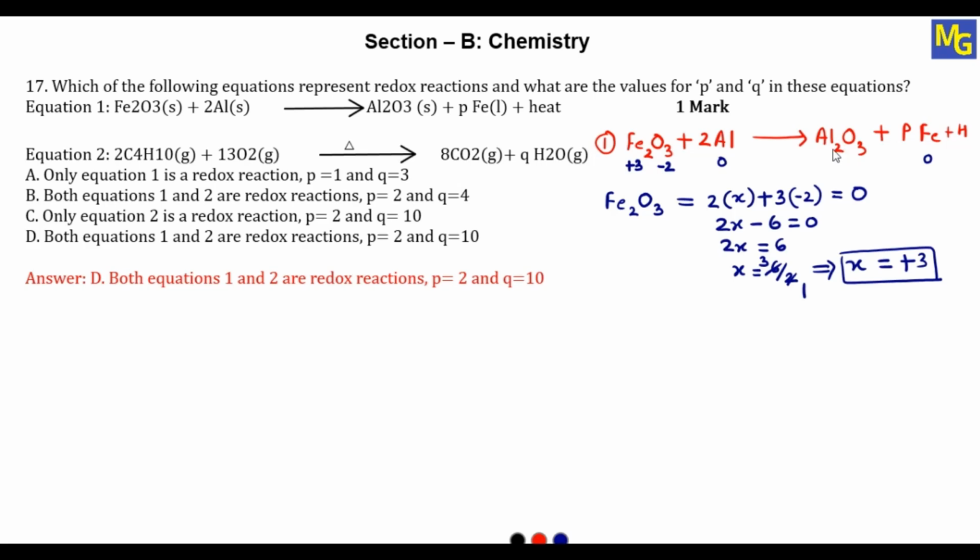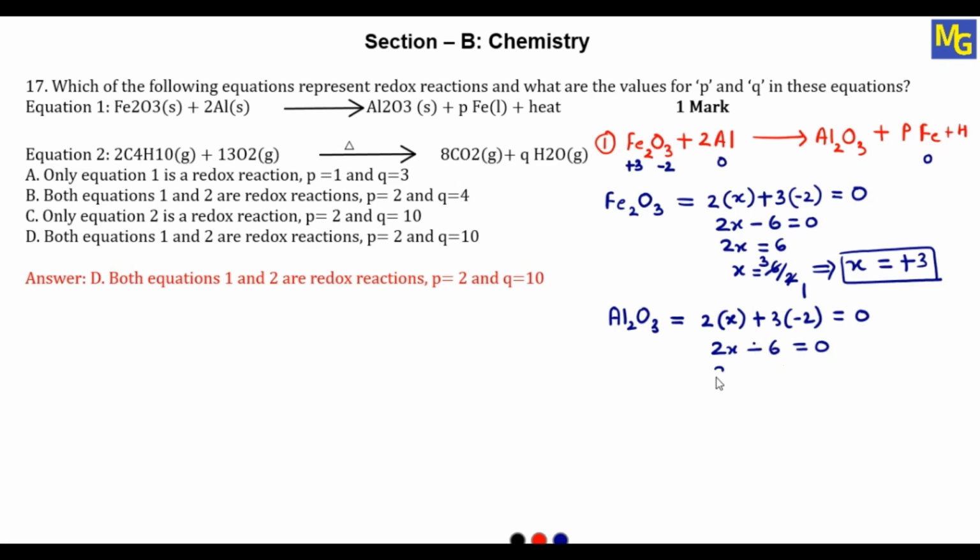And for Al2O3 we have to find out the oxidation state of aluminium. For that I will write Al2O3 here, and we use the same process. I don't know the oxidation state of aluminium, but I know how many aluminium there are, 2. So I'll take x: 2x plus 3 times minus 2 for oxygen equals 0 overall. So 2x minus 6 equals 0.